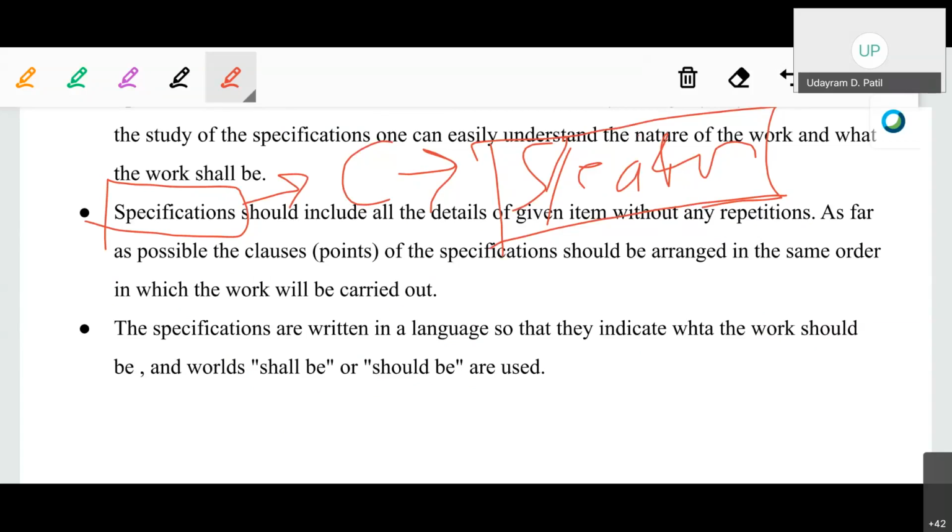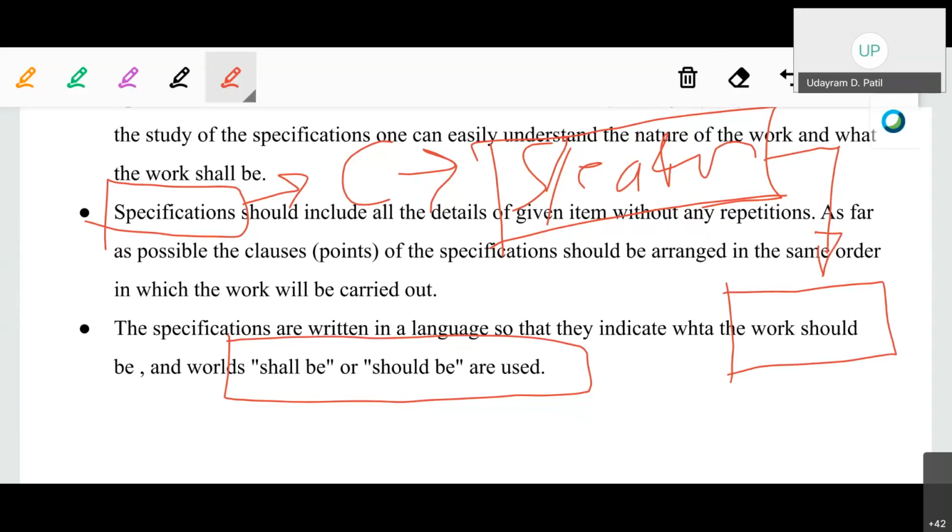Therefore, if we write the specification in the shall be or should be format, then if there are changes in the items or the materials at the time of execution due to some uncertainty, the contractor or the estimator will not have to face any legal consequences or legal actions.